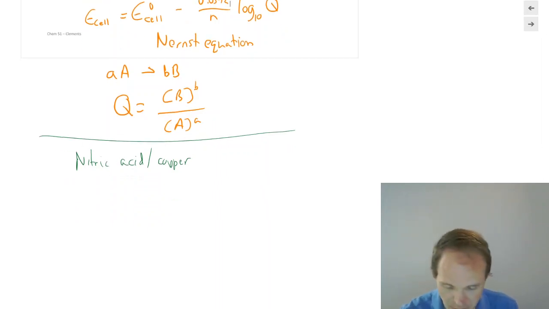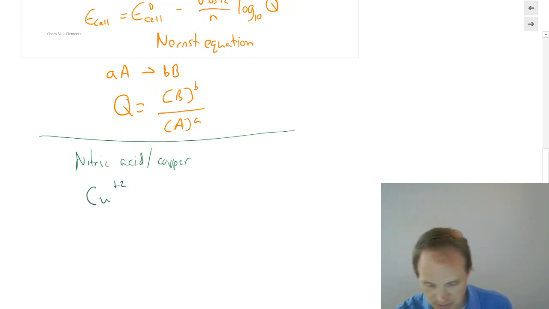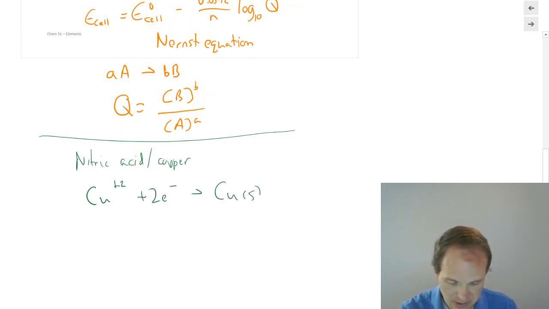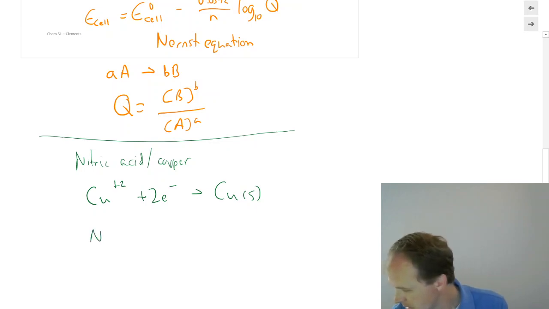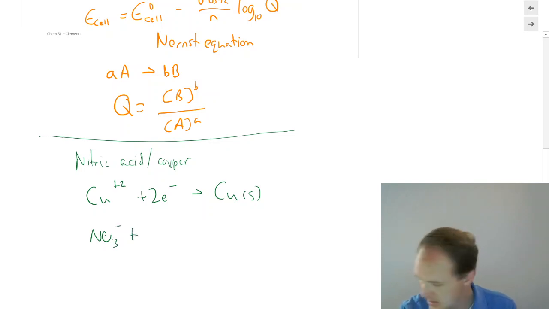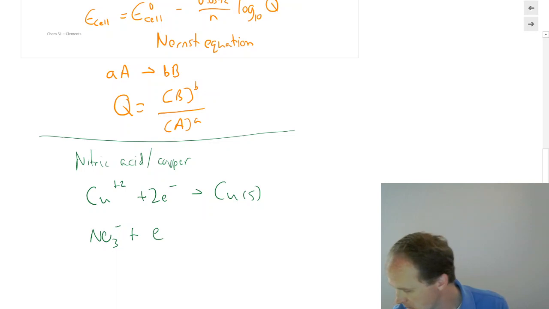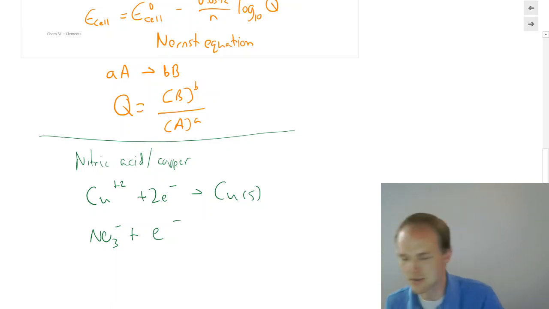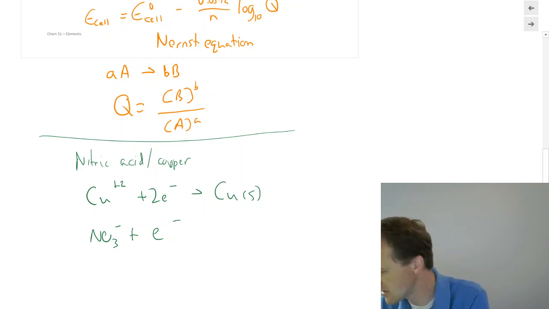So if you remember, we had our Cu+2 plus 2e minus going to Cu solid, and we had our NO3 minus plus e minus. Hold on, I think there's a little mistake in my notes, and I just need to double check.